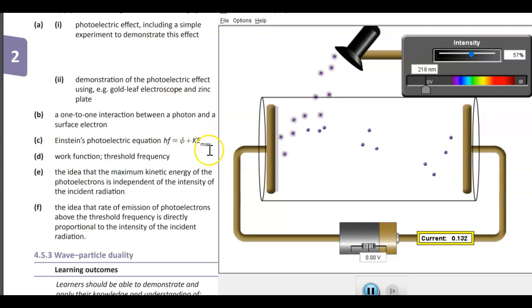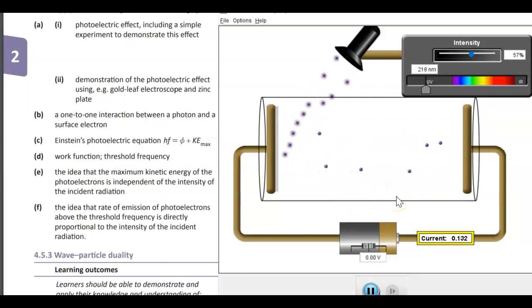Now Einstein couldn't measure this. This was a prediction that he made, but it was up to experimental physicists later to actually measure the electron energy. And they did this with a very ingenious setup, which is why we're using this photocathode and photocell.